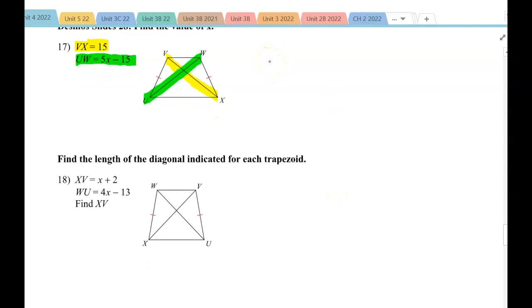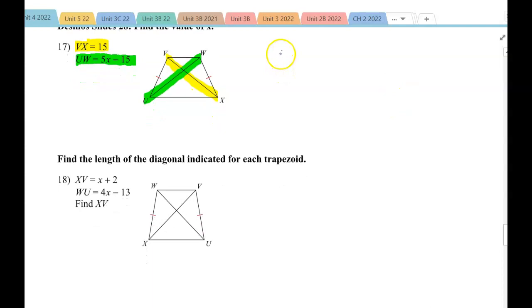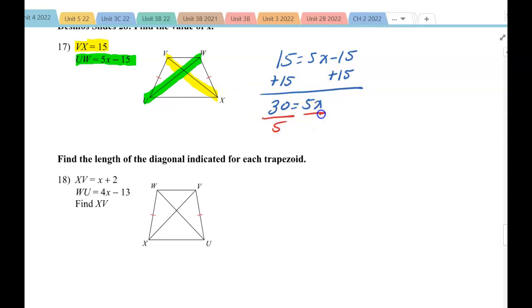So we would say 15 is equal to 5x minus 15. We would add 15 to both sides. So 30 is equal to 5x. And then divide by 5. x is equal to 6.